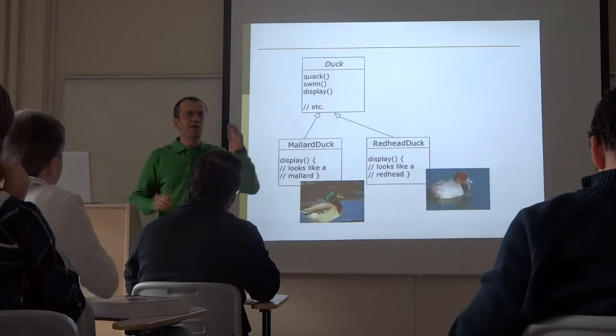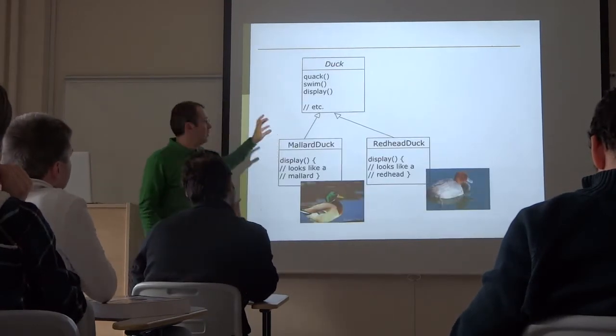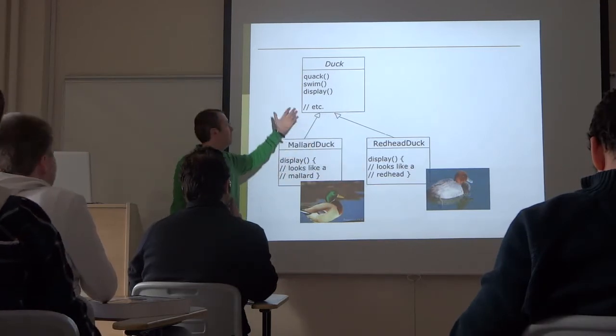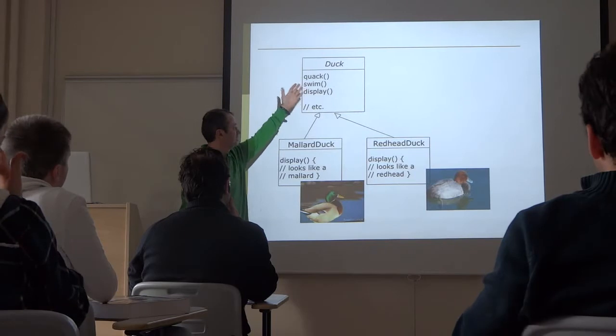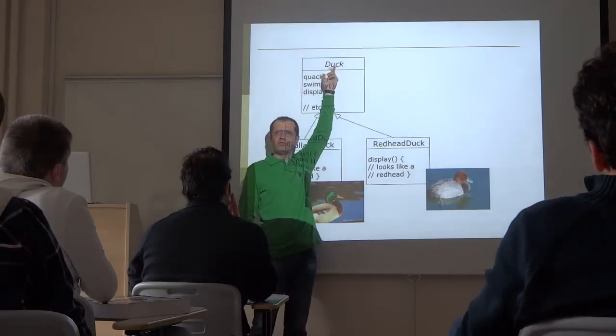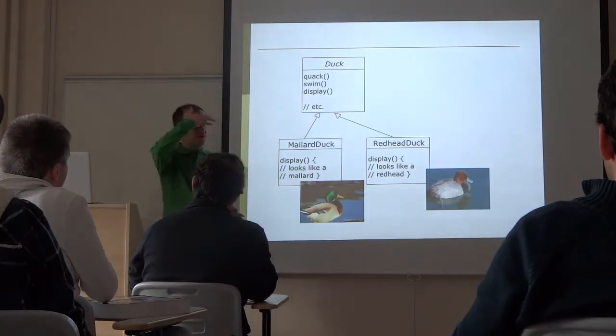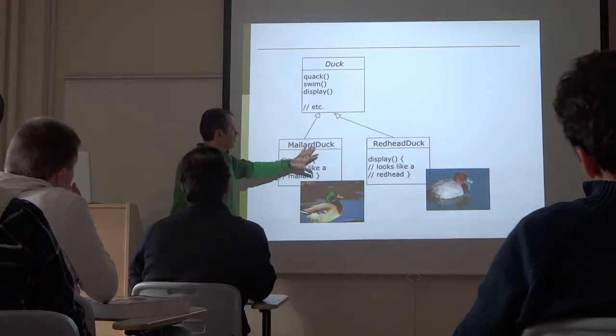So I have a super type, and then I have concrete classes out of that. I have a duck. You know that notation, don't you? When it is in italics, it is a super type interface. And these are concrete ones.